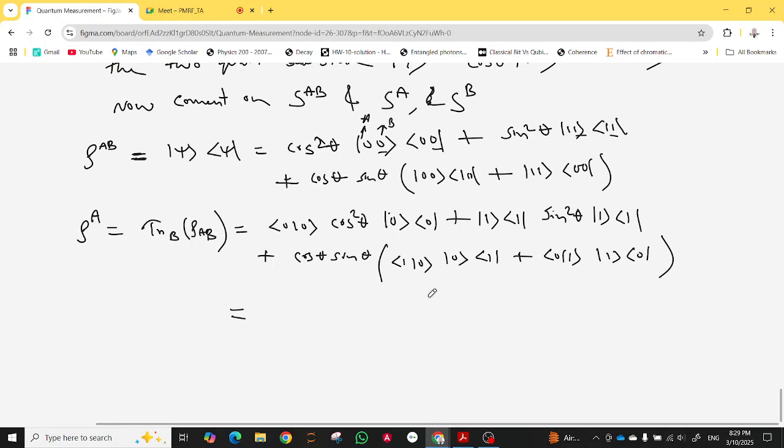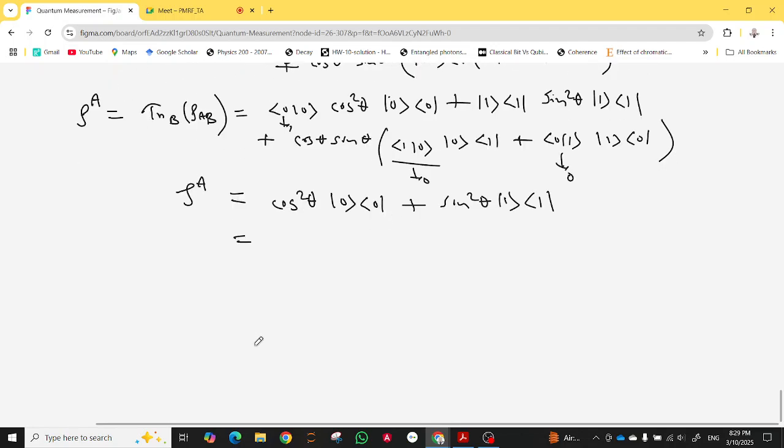And what is the rho A? So these terms are 0, right? This is also 0, and this is 1, right? So you are left with rho A as cos square theta 0 0 plus sin square theta 1 1.